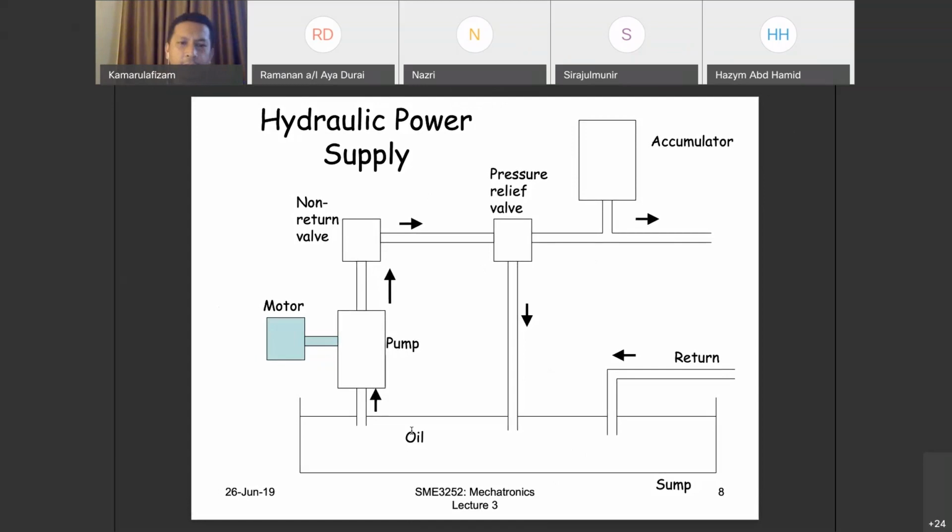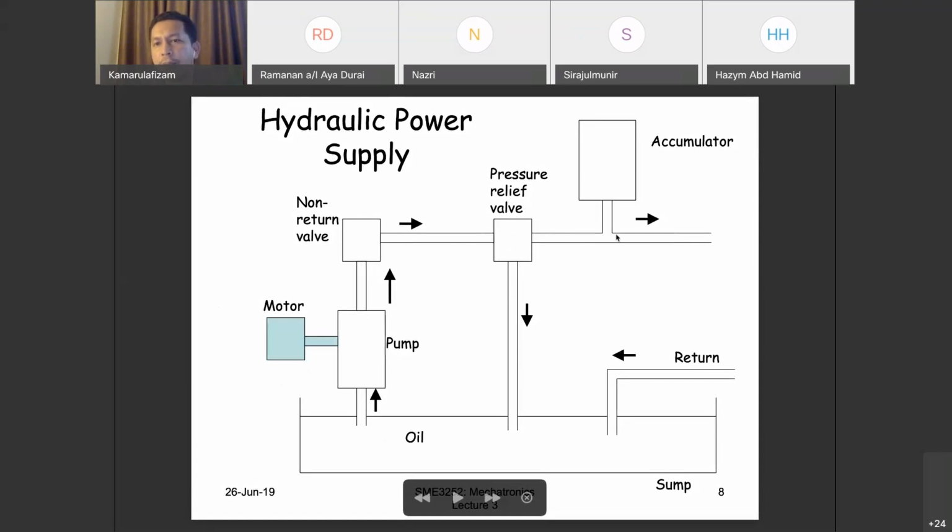Alright, then you have motor, you pump minyak keluar, and you have a non-return valve supaya minyak tu tak come back dalam pump. And then bila you ada minyak, you ada pump, this line are basically pressurized.